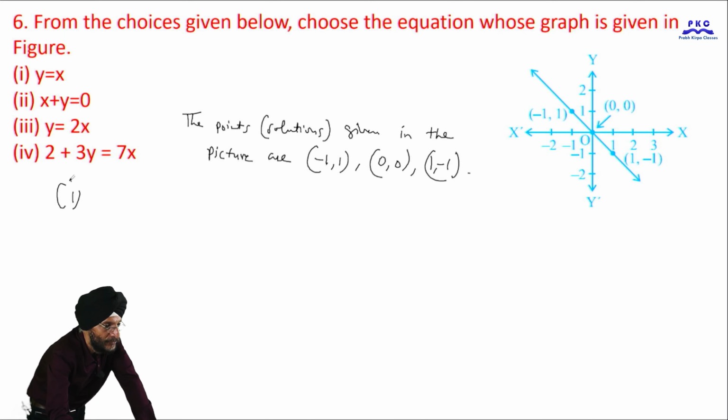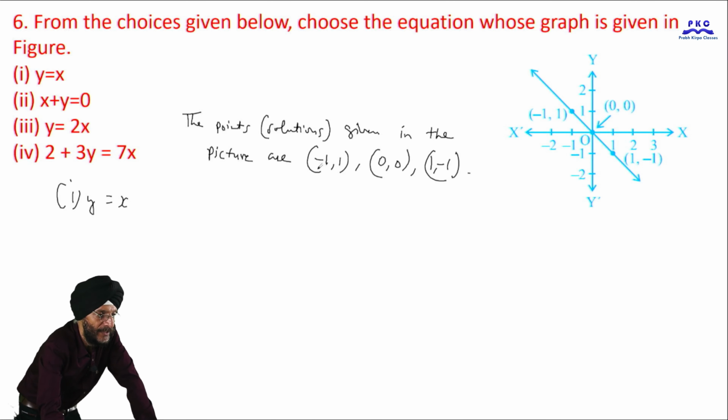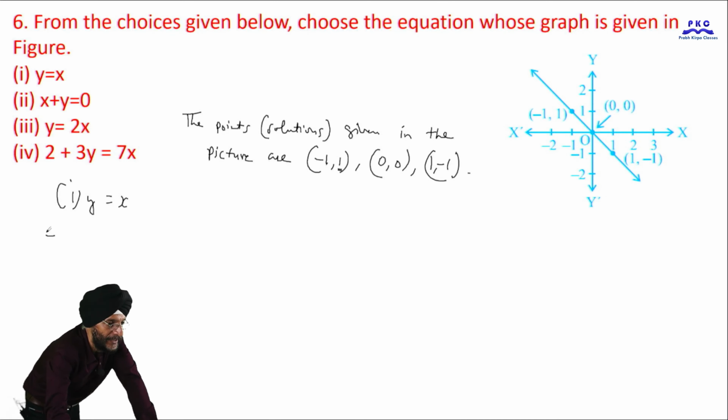Now we will take the first equation, y is equal to x. Here we will fill in the values of x and y. Here, what is the value of y? The value of y is this 1. Here we take first -1, 1. So what does it refer to?